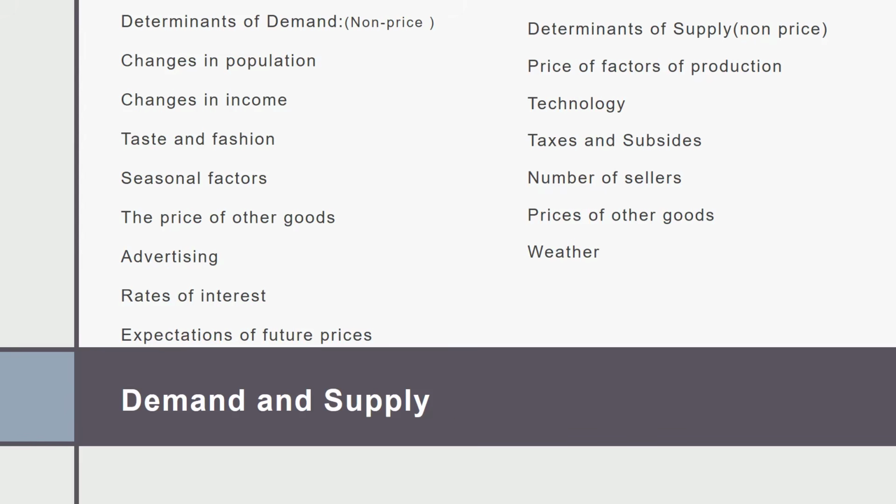We did look at the factors that affect households. It's quite similar. So, change in population. If you have more people, you have more demand. Make sense? Yes, sir. So more people will buy more things. Less people, less demand.